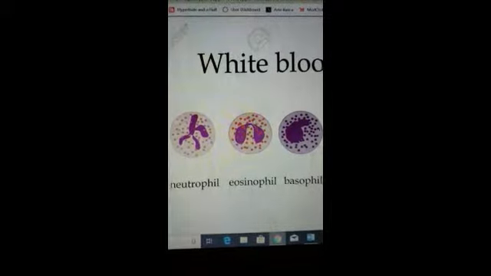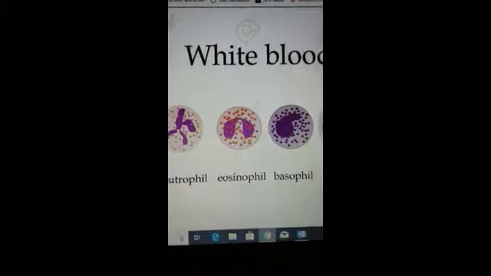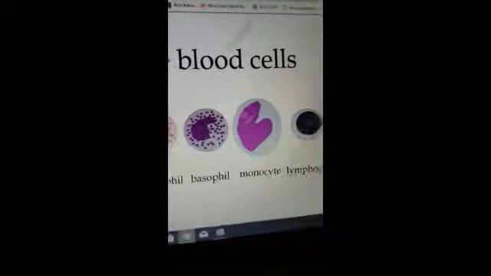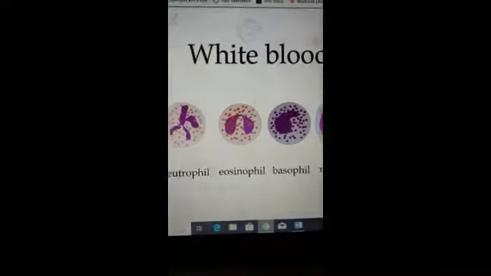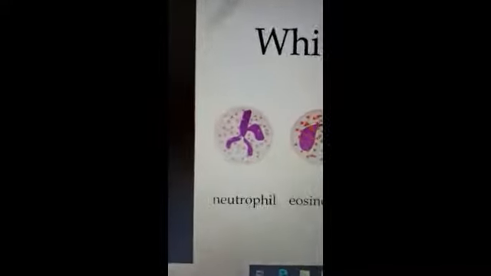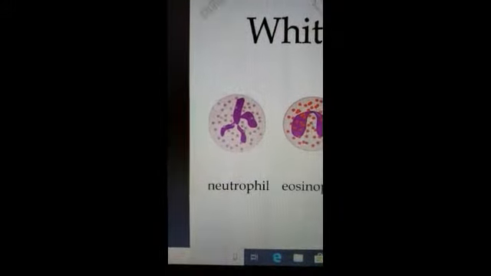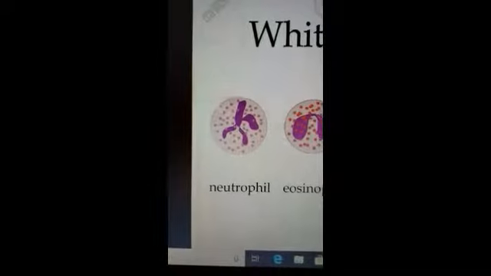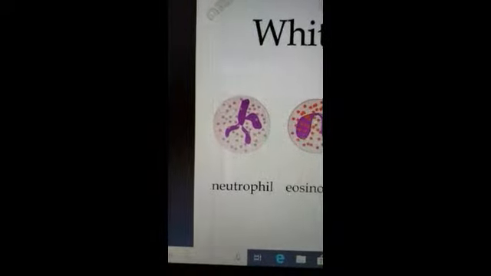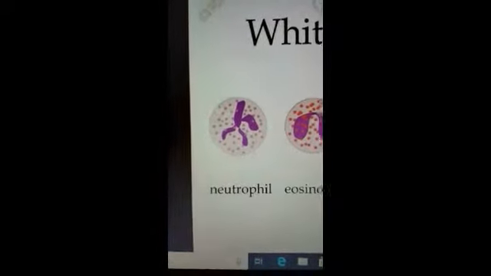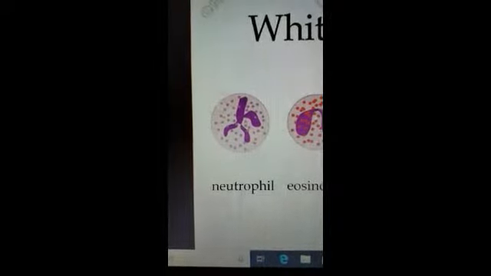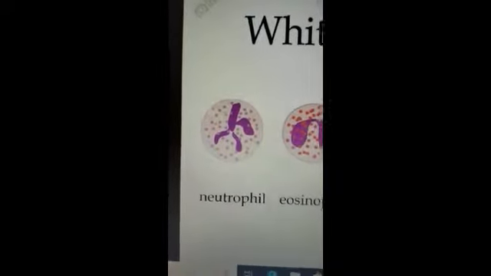Okay, so now that we've completed our CBC, we're going to take a look at the different kinds of white blood cells. So we can start with first our neutrophils. These are the types of cells that you will be seeing the most of in your CBC, hopefully, if you have a relatively healthy patient.